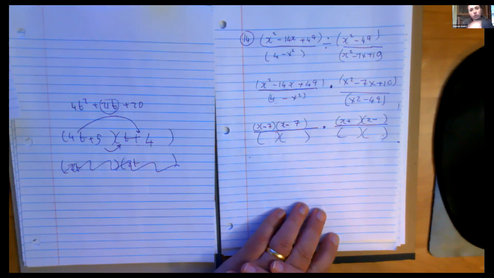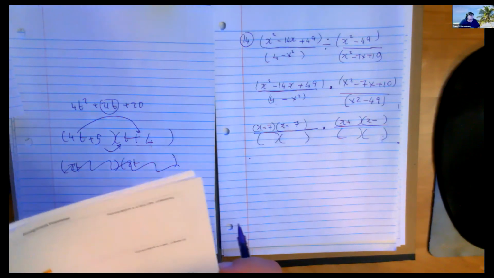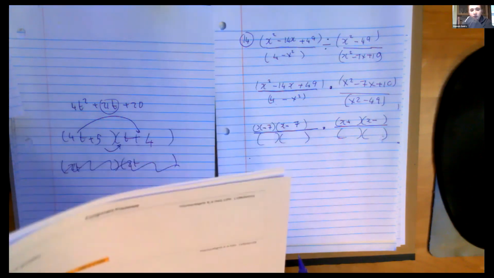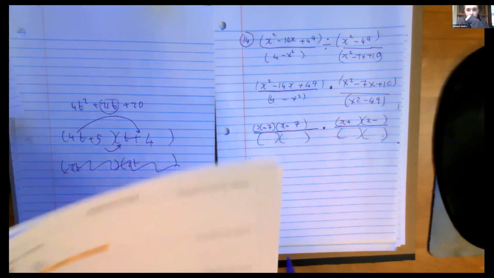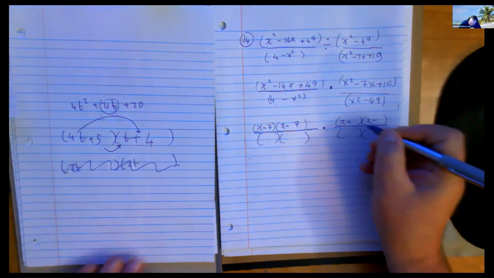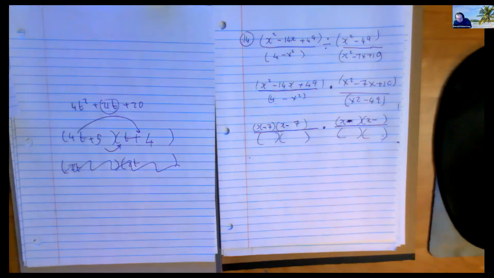Shouldn't they both be negatives? Let me check. Yeah, -5 and -2. Because it's a positive 10. Yes. Thank you. Right. Two negative numbers now that give you negative 7.